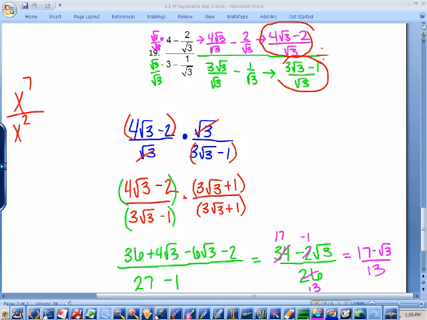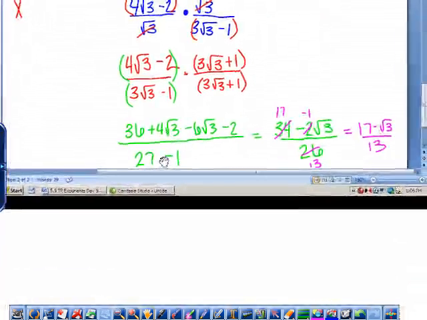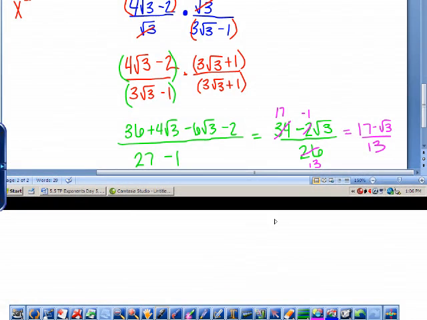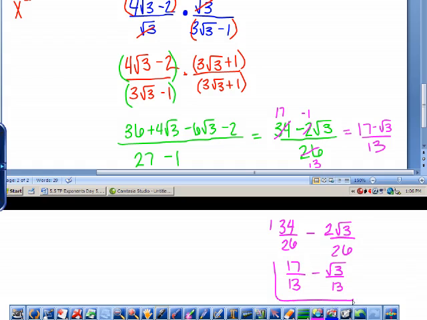If you would rather, when you reduce, split it and write this as 34 over 26 minus 2 root 3 over 26 and reduce it that way, 17 thirteenths minus root 3 over 13, that is totally fine too.